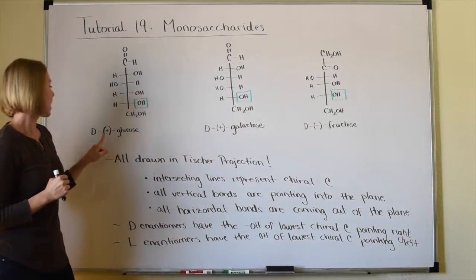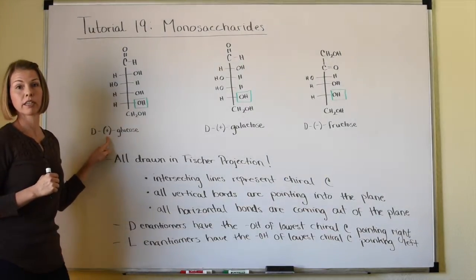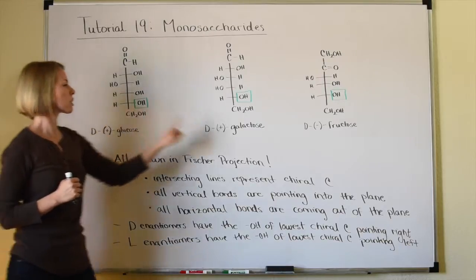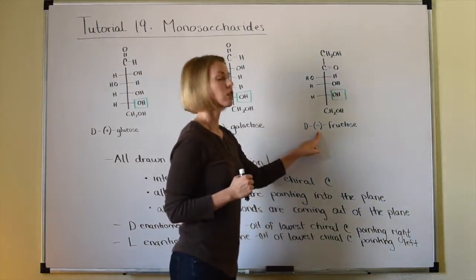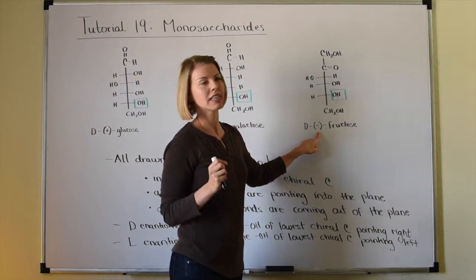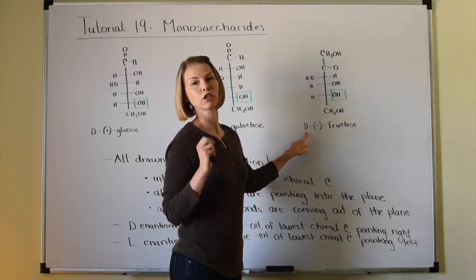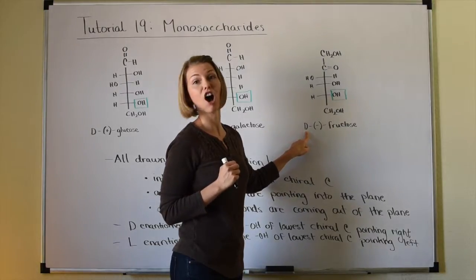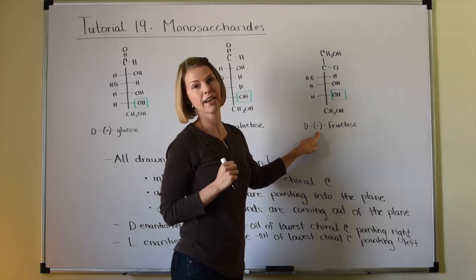So you'll see that D-Glucose is dextrorotatory, as indicated by the positive symbol here. So is D-Galactose. But D-Fructose is levorotatory. So don't think that the capital D or the capital L tells you the direction in which the enantiomer rotates plane polarized light. It does not. Only the plus and the minus in the name will tell you that.